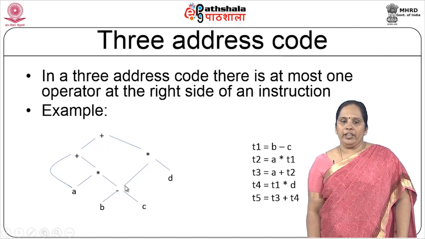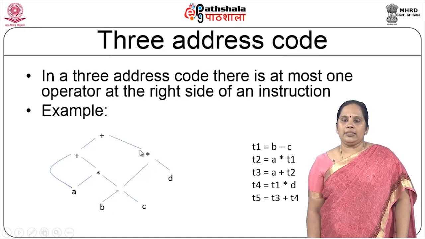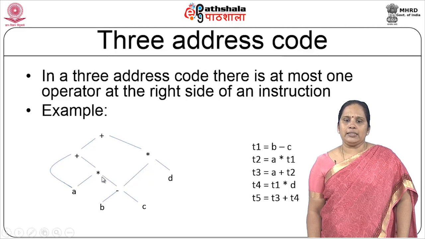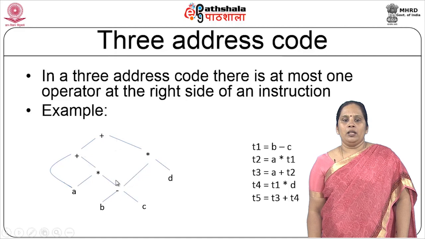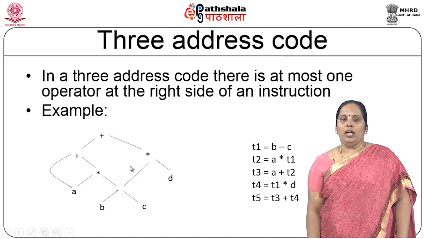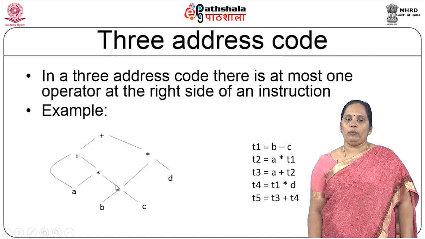So here I am referring to this particular node as temporary variable t1, this as t4, this as t2, this as t3, and finally this as t5. As you can see, t1 is nothing but b minus c, and similarly t2 is nothing but a into this node, but this node has now got a name which is t1.